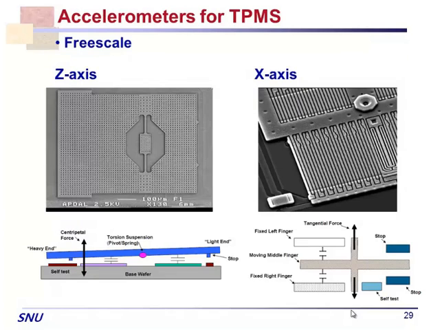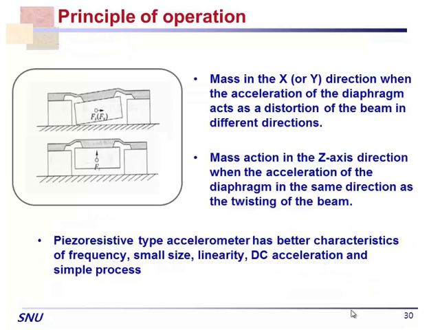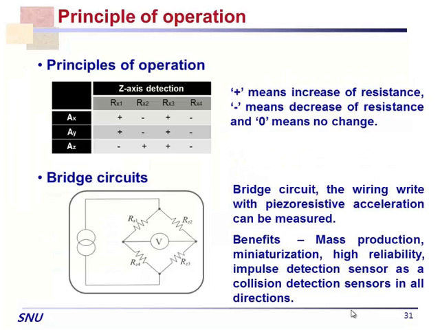So, for Freescale, they use torsion bars, making a capacitance difference, for the x-axis one. And for our case, it's quite simple. We have a mass and piezoresistors on each corner. So with this, for example, for the z-axis detection, the outputs and the resistance have some patterns associated with the input.